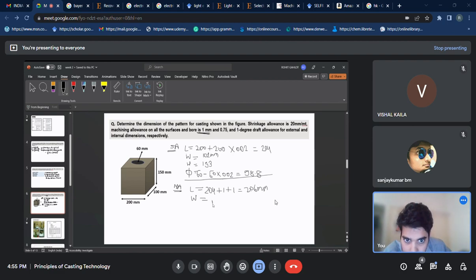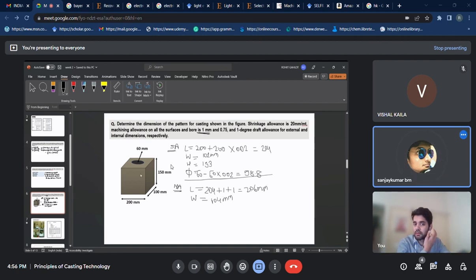After shrinkage allowance it is 204, so we will add 1 mm plus 1 mm, and then your length will be 206. Then your width will be the same: 102 plus 1 plus 1, as it is given on both the sides.